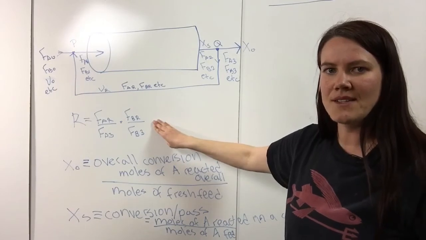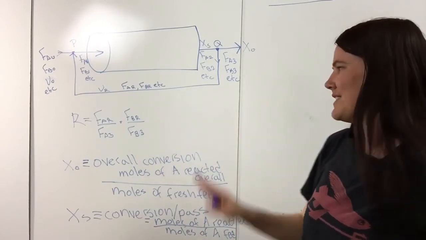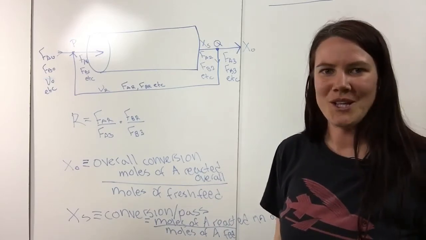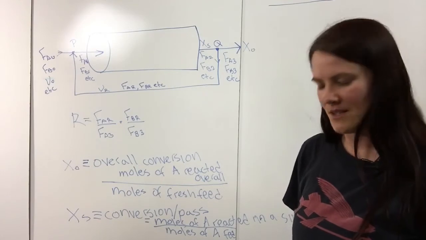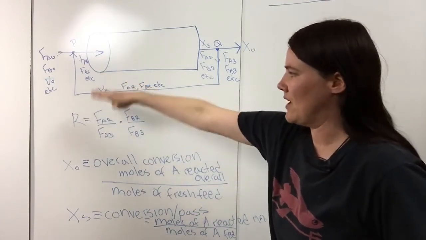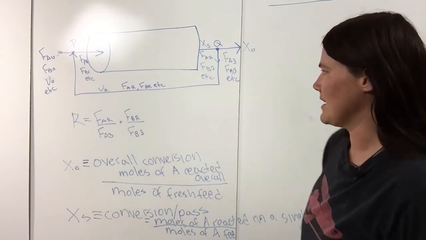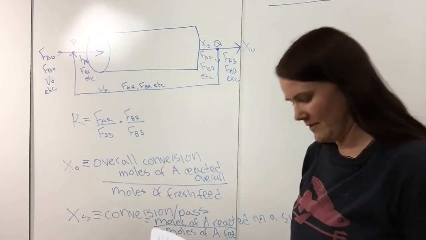Part of this is just defining everything, and then this reactor takes really good bookkeeping. It's really easy to get confused, so it's just keeping track of what all your different parameters are, and that's why having a drawing is really helpful.